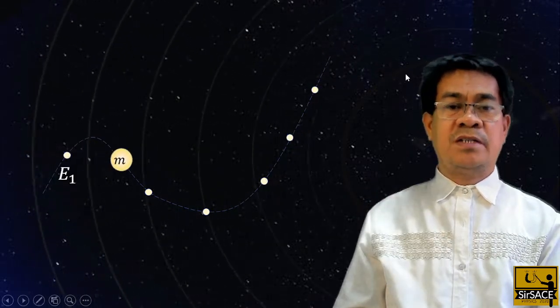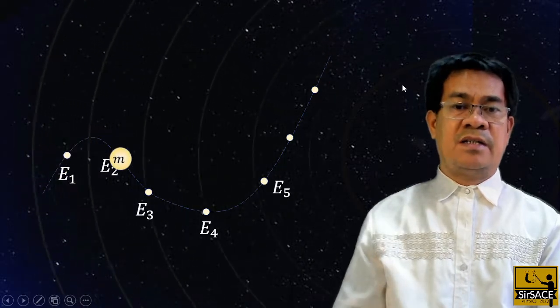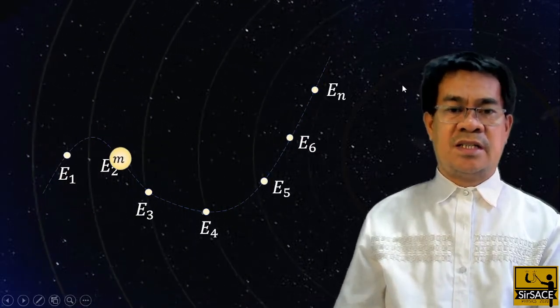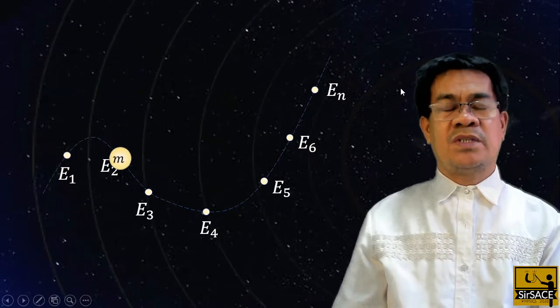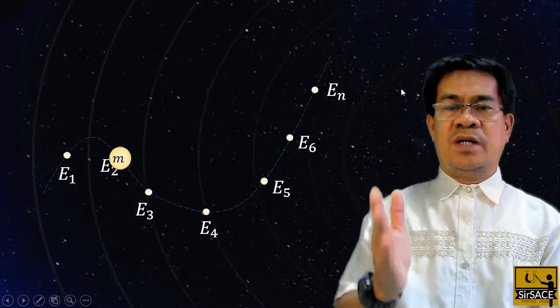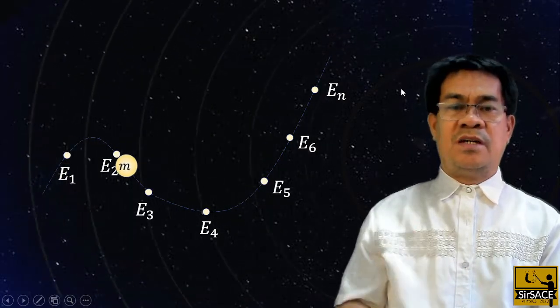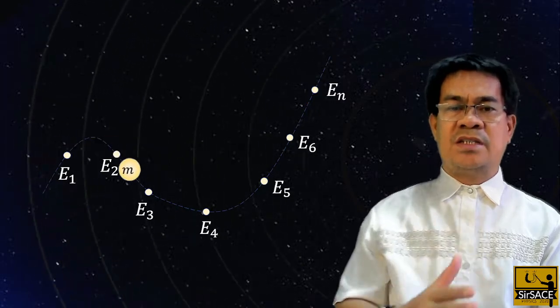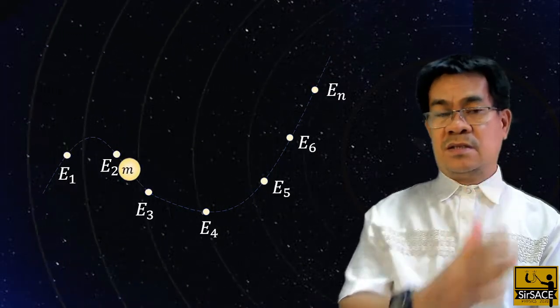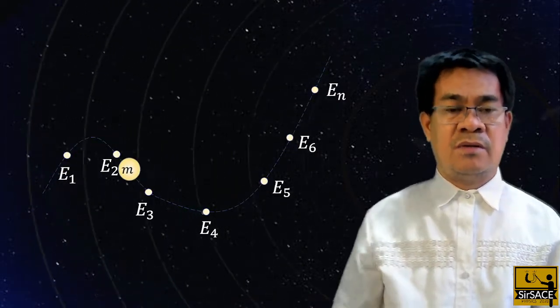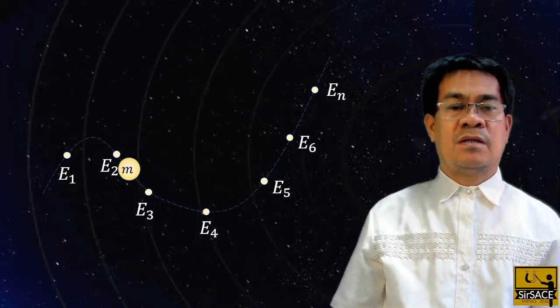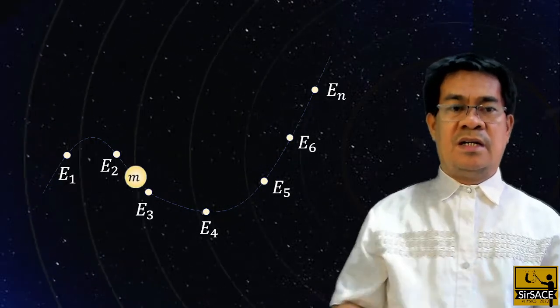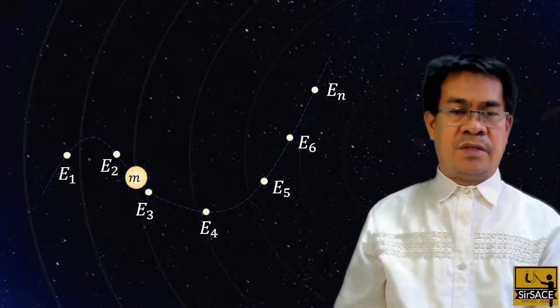And remember that to any position of the particle, there is a corresponding total energy assigned as E, which means that we have the total energy E1, total energy E2, E3, and so on to the nth number of points. Those are the total energies at the points.